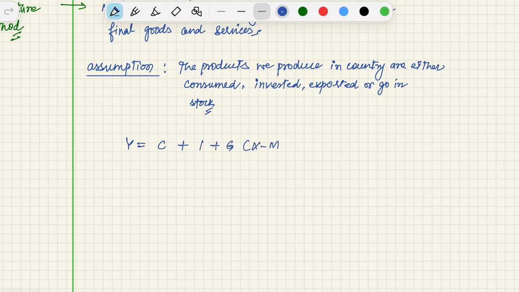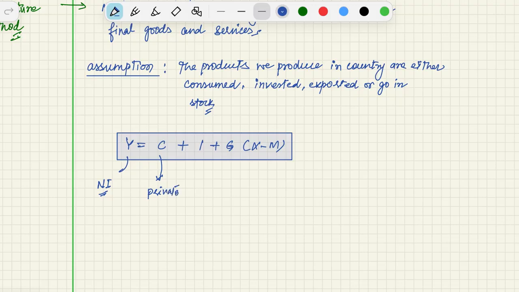plus X minus M. Okay, there is a formula. Y is national income through the expenditure method. C here means private. Private, if I tell you, is generally household.